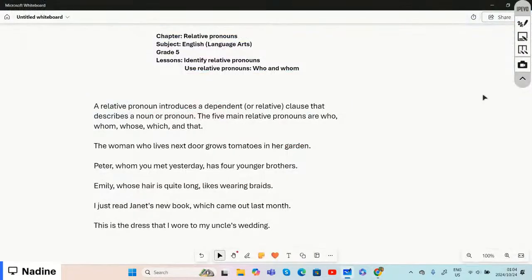So, our chapter is relative pronouns. Our subject is English language arts. We're doing grade 5.